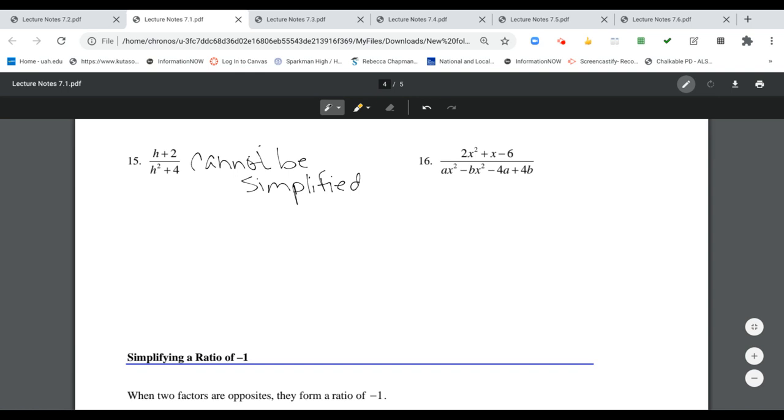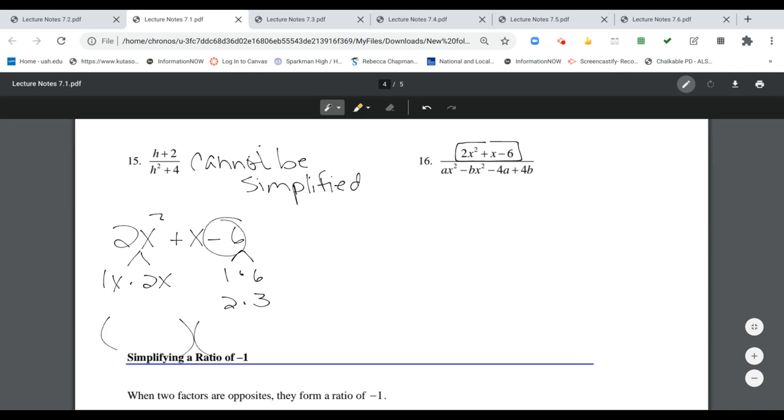All right, so in number 16, I'm going to bring that numerator over here just so I have some extra space. I need factors of 2x, and then I need to pair those with factors of negative 6. So 1 times 6, or I can do 2 times 3. One of those numbers has to be negative.